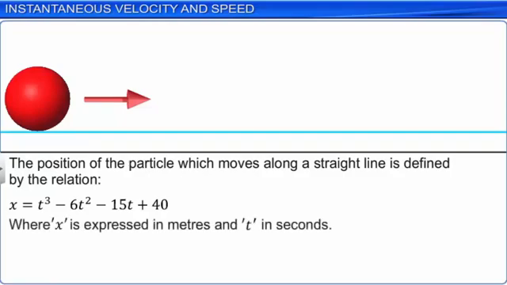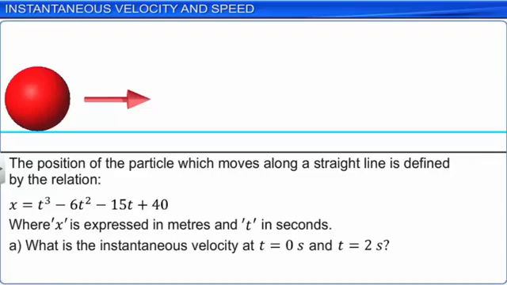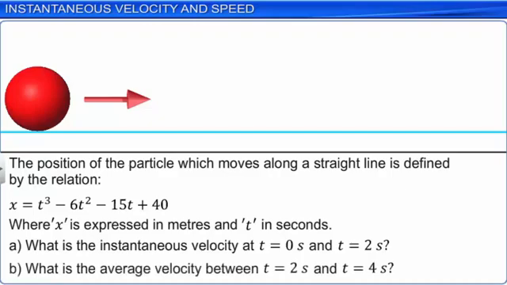What is the instantaneous velocity at t equal to 0 seconds and t equal to 2 seconds? What is the average velocity between t equal to 2 seconds and t equal to 4 seconds?